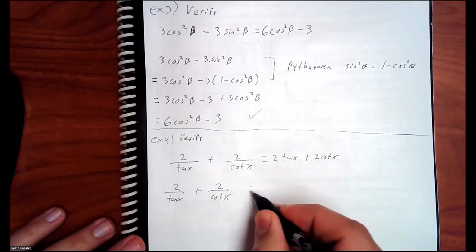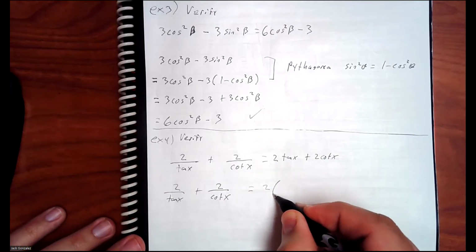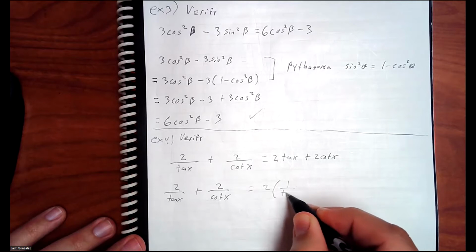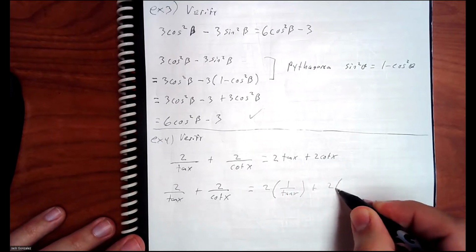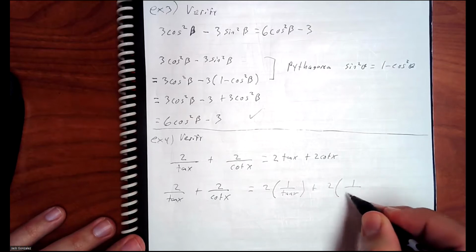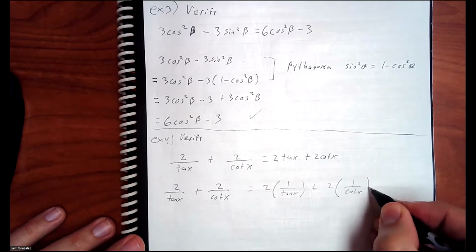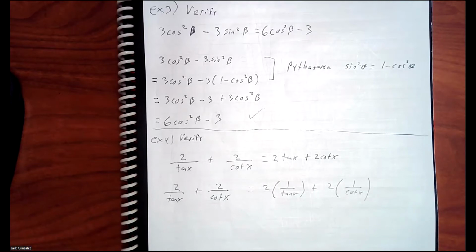Do you agree that this is the same? Yeah, right? Same thing. Now, when you write it this way, it's more obvious. Do you see what the reciprocal property can do for us?